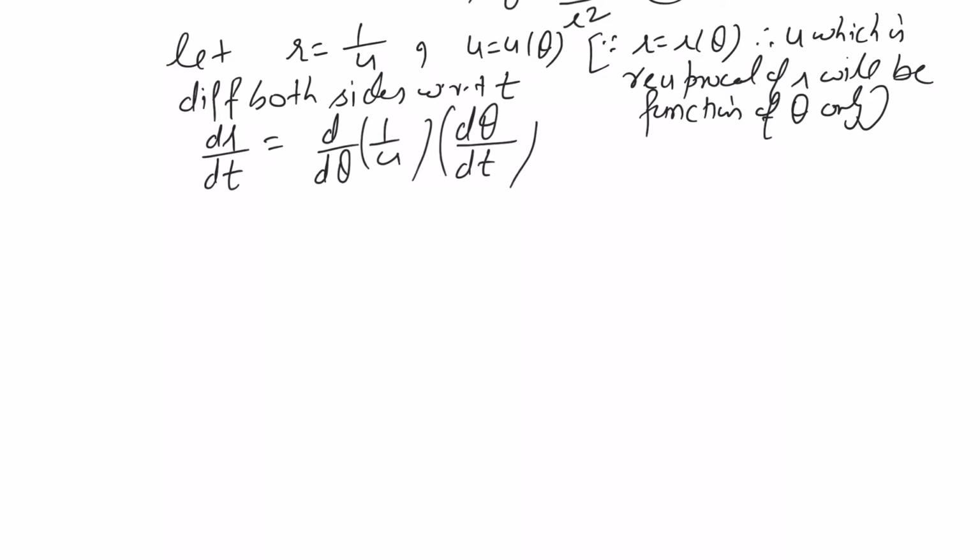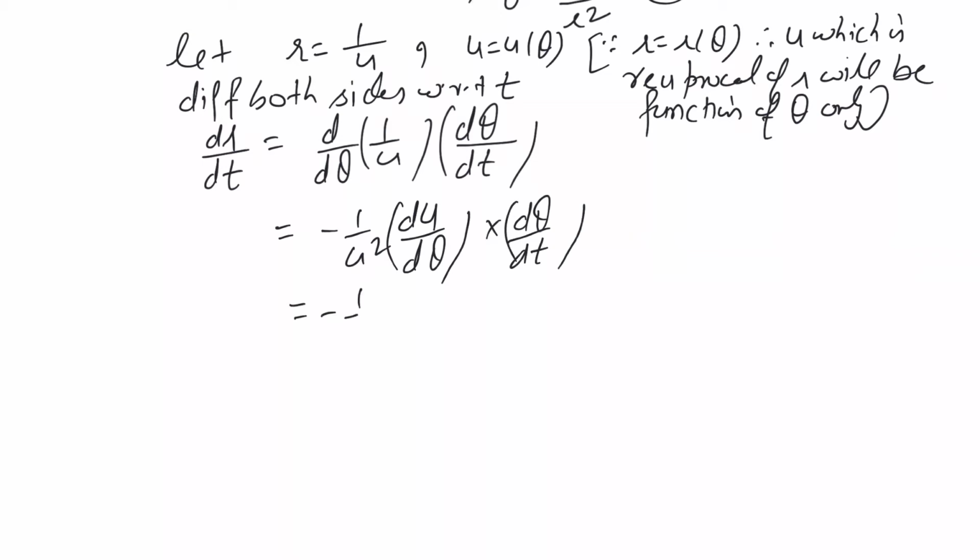This will be further equal to minus 1 by u square du by d theta into d theta by dt. Using equation number 5, and say this is equation number 6, u square du d theta.